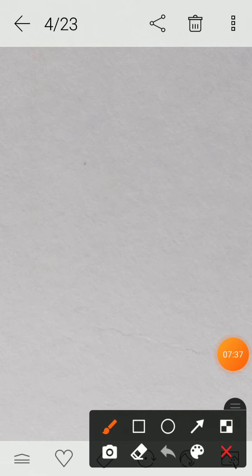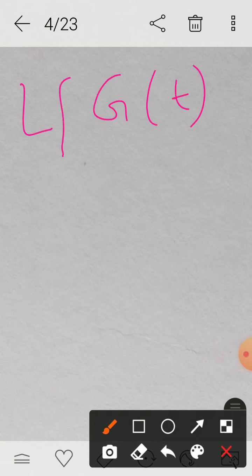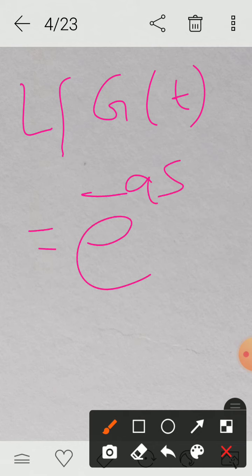We have proved that the Laplace transform of this new function g(t) will be equal to e^(-as) F(s).